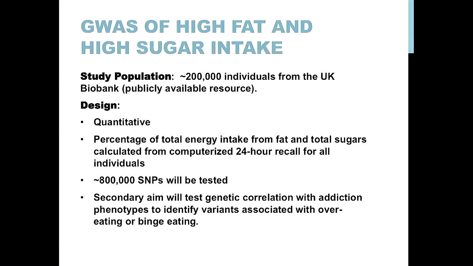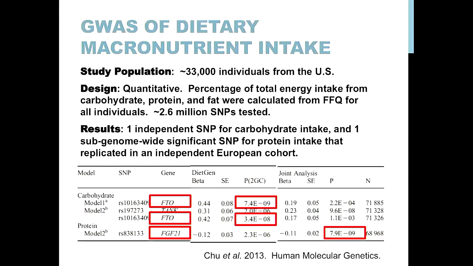If I'm just talking about the fat and total sugars portion of the study, part of the reason I wanted to pursue this was that with this study of dietary macronutrient intake, I was really interested in being able to replicate these findings. This was 33,000 individuals, and the number of people in the UK Biobank that have finished the nutrition survey, the 24-hour recall, is 200,000.